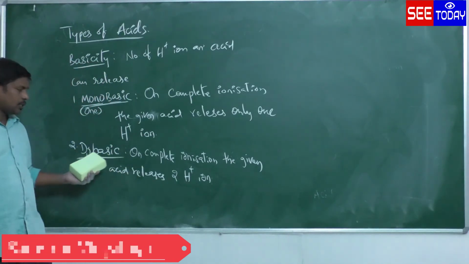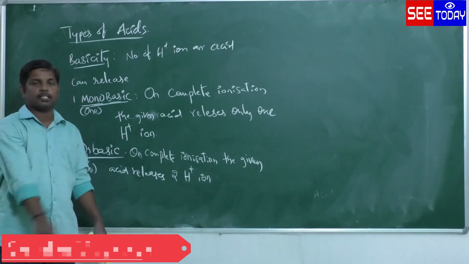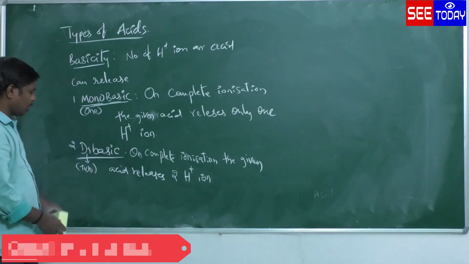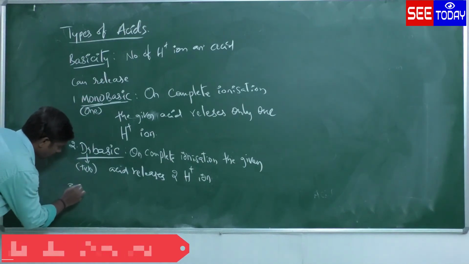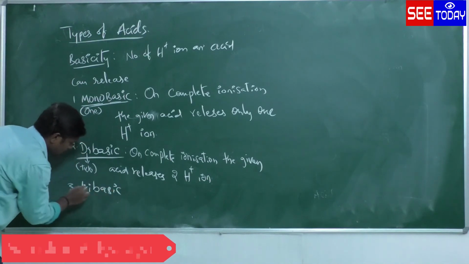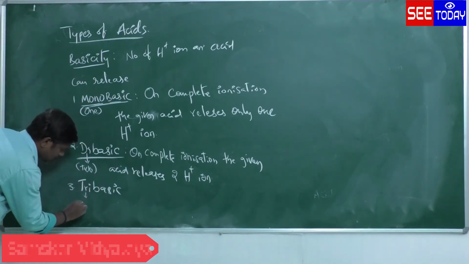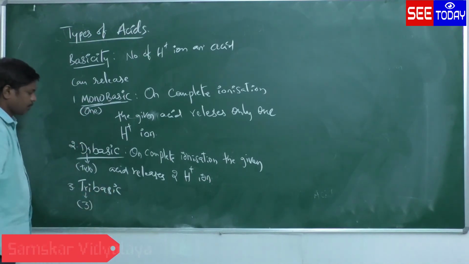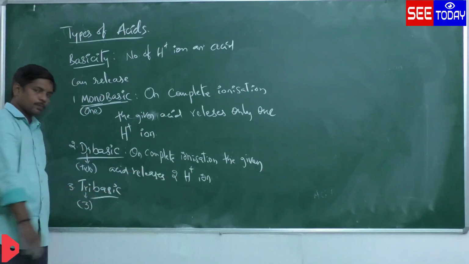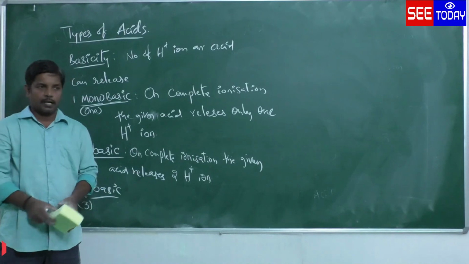On complete ionization, if the given acid releases two H plus ions, we will call that dibasic. And the last one, tribasic. So tribasic means we know that three. On complete ionization, if the given acid releases three H plus ions, we will call that tribasic.